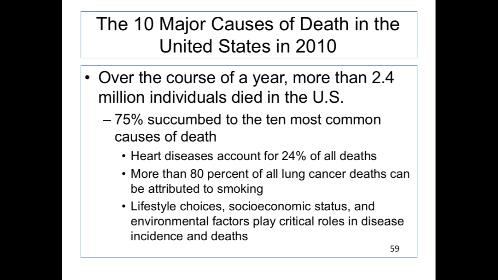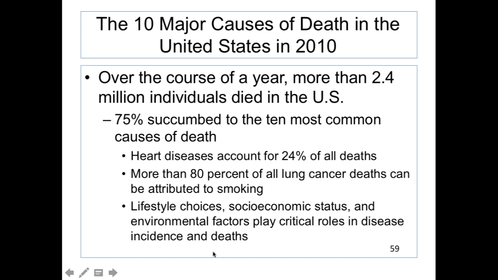Over the course of a year, more than 2.4 million individuals died in the United States, and researchers found that 75% of them died from the 10 most common causes of death, such as heart disease and lung cancer, where 80% of lung cancer is related to smoking.